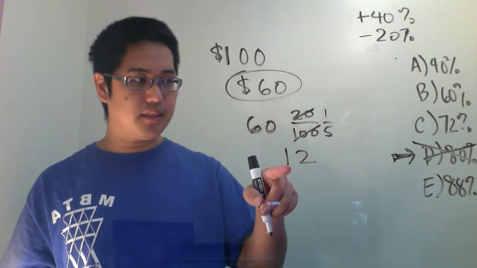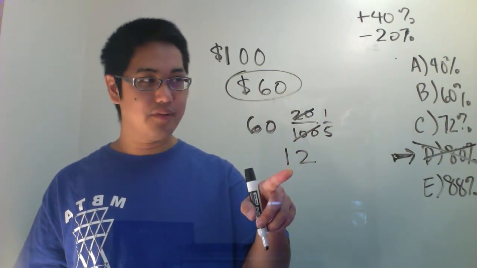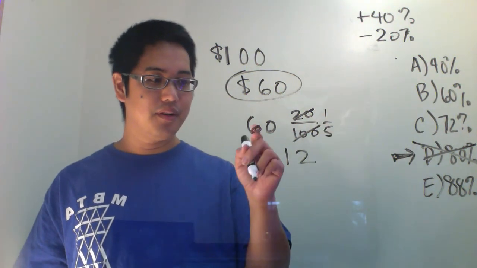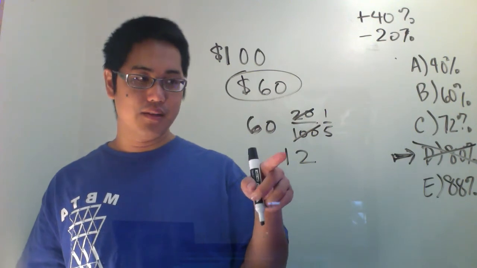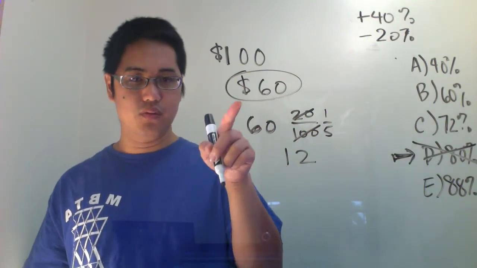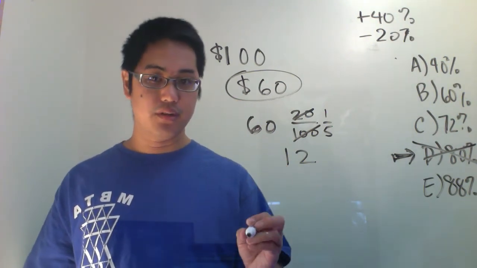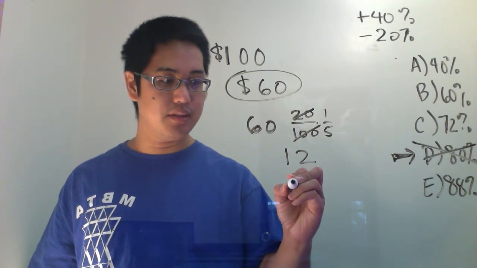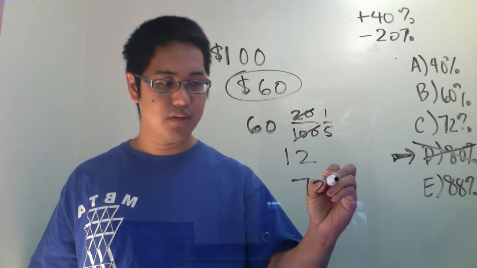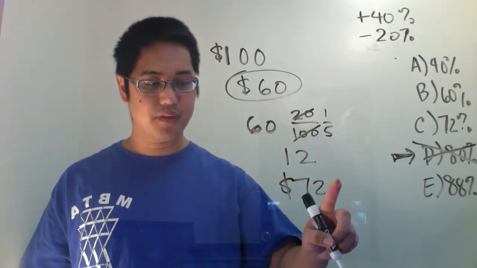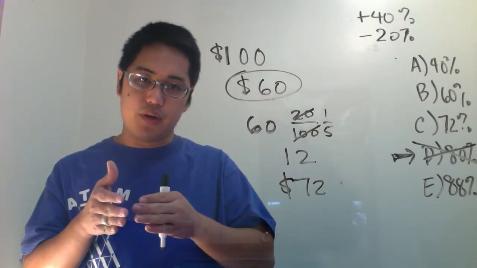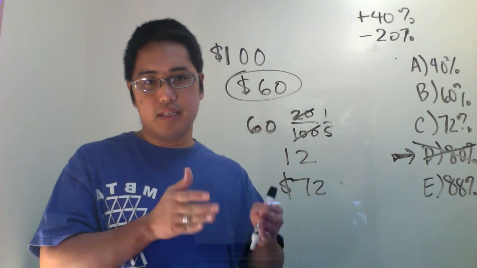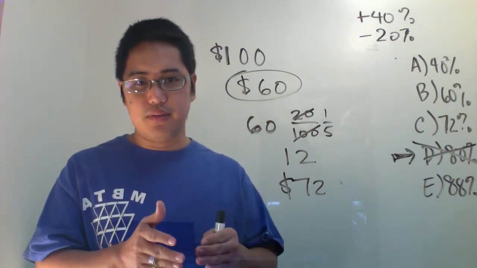But your answer isn't 12. In fact, 12 is not even up here. What you're doing is you're adding this number to what the dealer paid for it. So your answer is 72. And that's dollars.